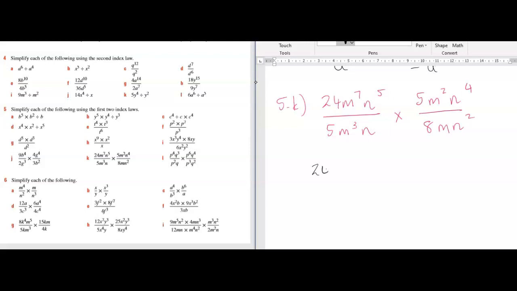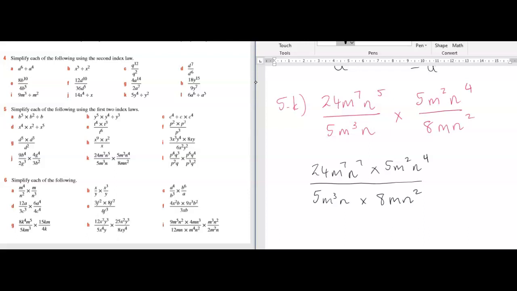So I'm not actually going to do any multiplications at the moment. I'm not going to do 24 times 5, and I'll show you why in a second. And remember there's multiplied signs in between the numbers and the pronumerals.